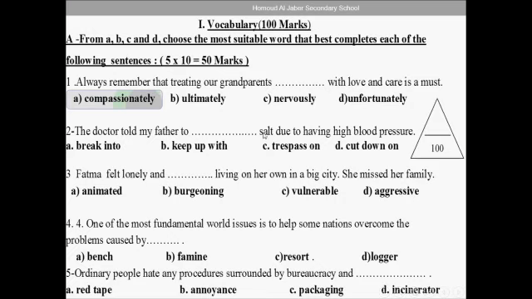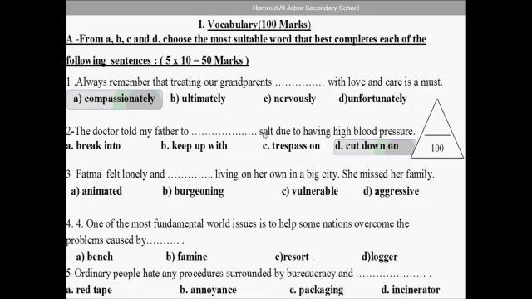So I think the most suitable answer here will be cut down on. So the answer will be: the doctor told my father to cut down on salt, الطبيب نصح والدي أن يقلل من الملح, due to having high blood pressure نتيجة إصابته بارتفاع ضغط الدم. That's the correct answer. Okay, now let's move to the third question.